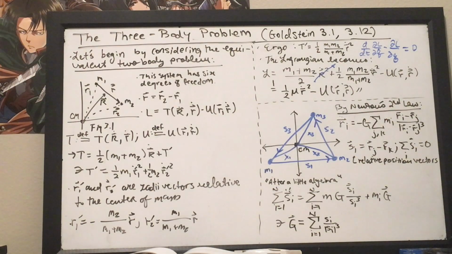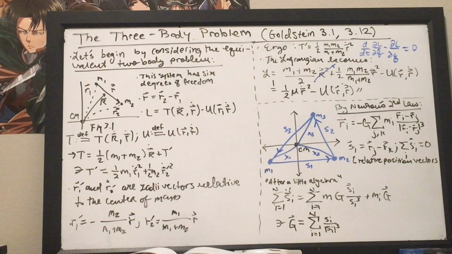This is important because we need to rewrite our equations of motion in terms of our generalized coordinates, in terms also of Newton's second law, because it's easy to express things like that with the general law.